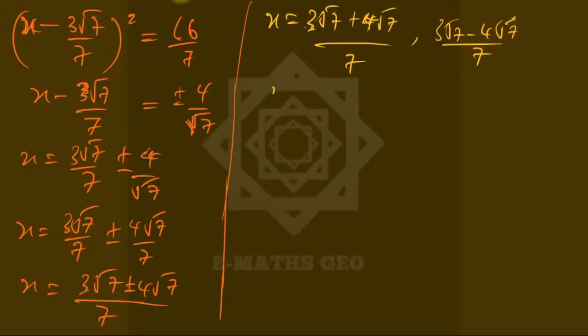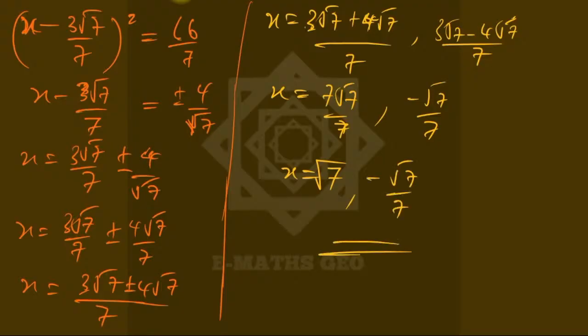So if you add this one, we have 7 root 7 over 7, or minus root 7 over 7. So x is either root 7 or minus root 7 over 7.